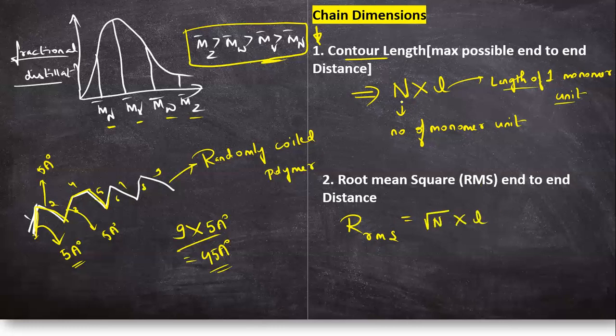You just need to remember the formula for contour length, that is n into l, and root mean square will be root n into l. Same thing here: n is again the number of monomer units, and l is again the length of one monomer unit. Getting? Fine.